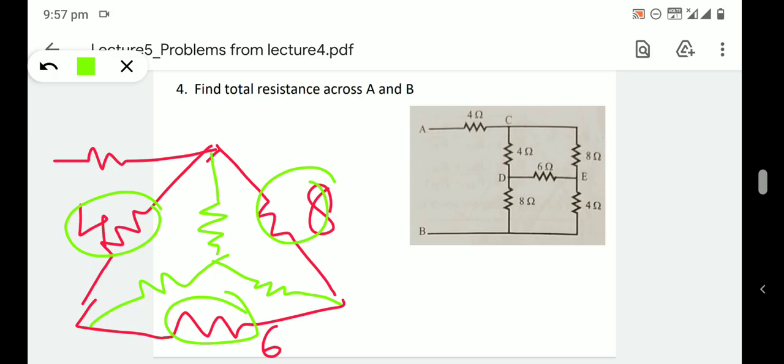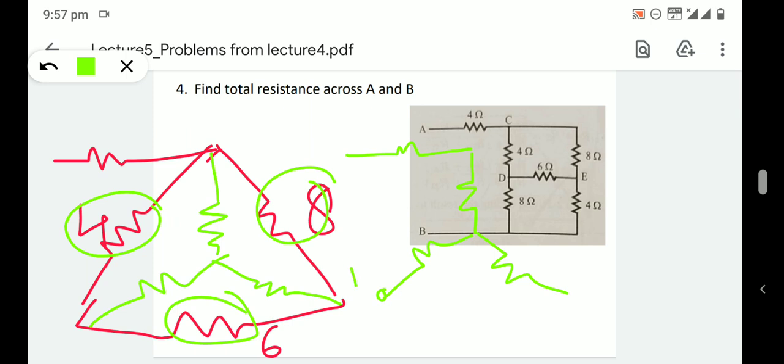Okay, so this circuit again becomes, this is 4 ohm, this 4 ohm will be there, then this star connection will come, then the remaining 8 and 4 ohms will be there.